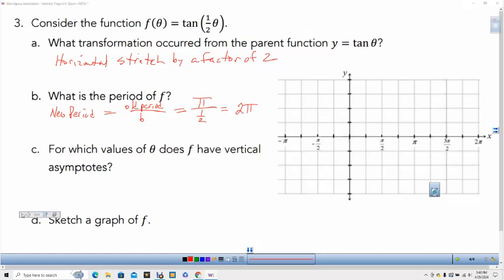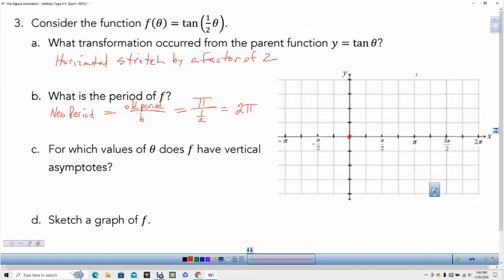Now, for which values of theta does f have vertical asymptotes? Now, we do not have a side-to-side shift, so that means we still have that key point, that center point right there. But now it's going to take an entire 2 pi to finish this whole series. And if this is the center, to get 2 pi, we're going to have to go this direction pi.